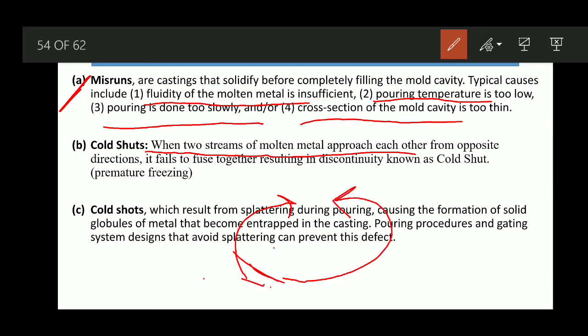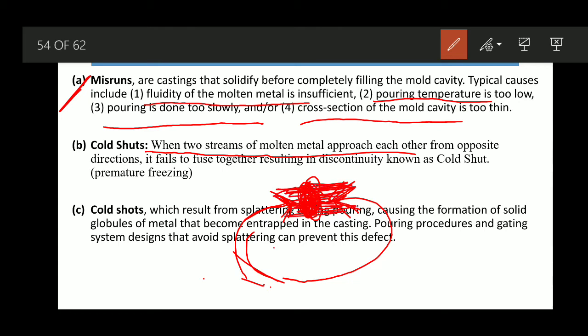Our intention is that these two streams of molten metal are going to meet somewhere here, and they should fuse properly and give rise to a homogeneous cast product, whatever we wanted.